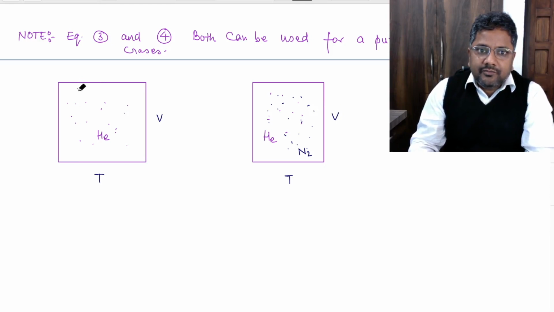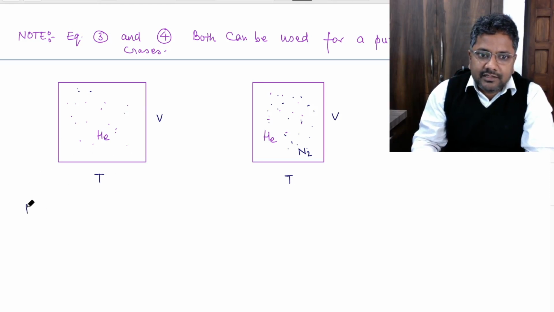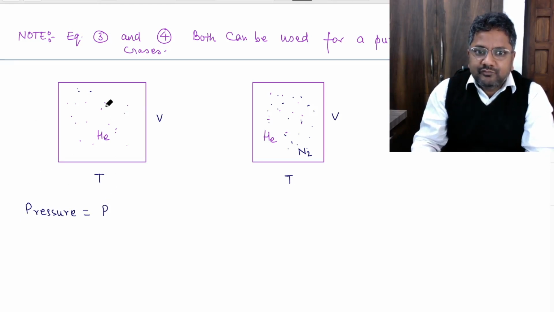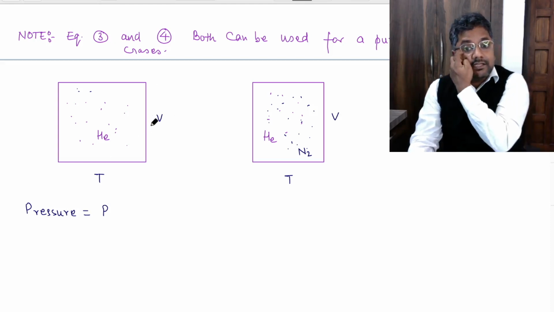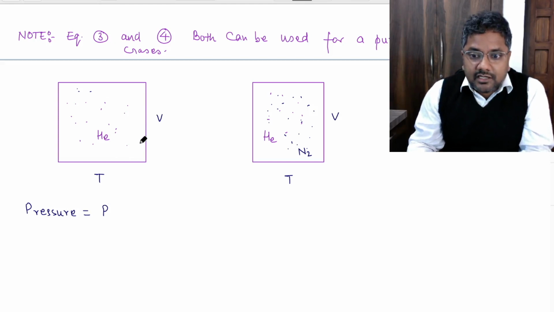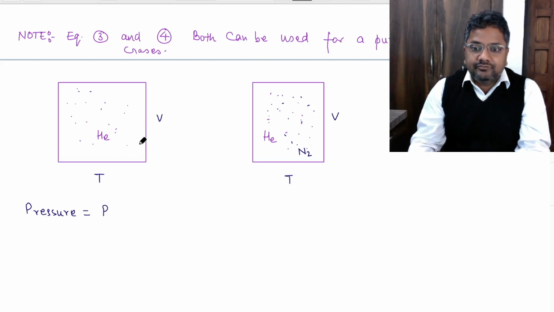If only one gas is here, then what is the pressure of the gas? The pressure of this whole system is P, because only one gas is there. What is the V for gases in the equation of state? Basically, this is the volume of the container.